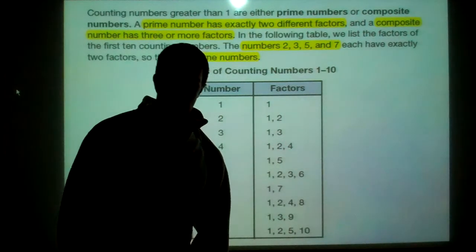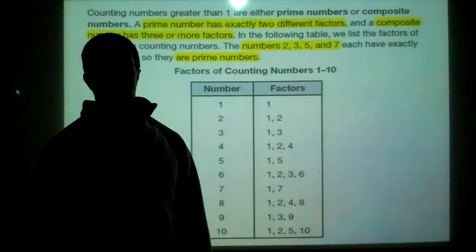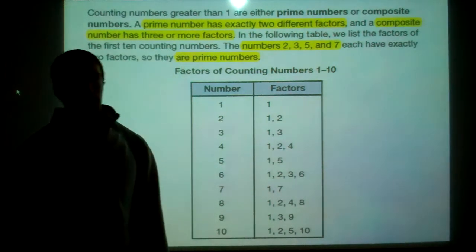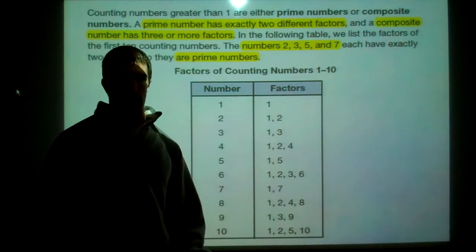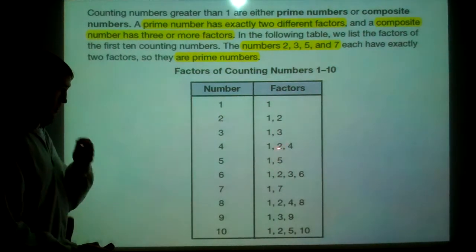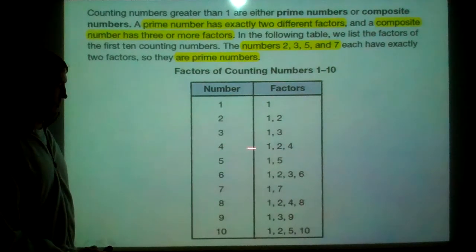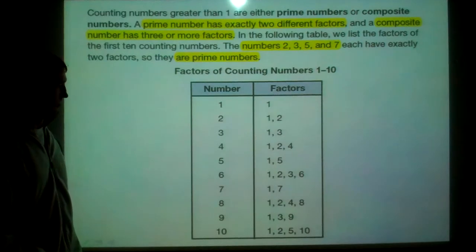So basically remember what our factors are. They're the numbers that we multiply together to get another number. Or if we look at it the other way, they are the numbers that will divide a certain number evenly. So in this case we can multiply 2 times 2 to get 4, but also 4 can be divided by all 3 of these numbers evenly, so we would get a whole number.